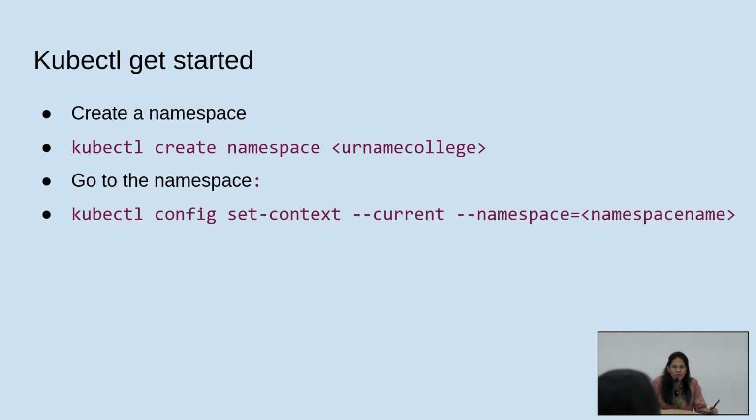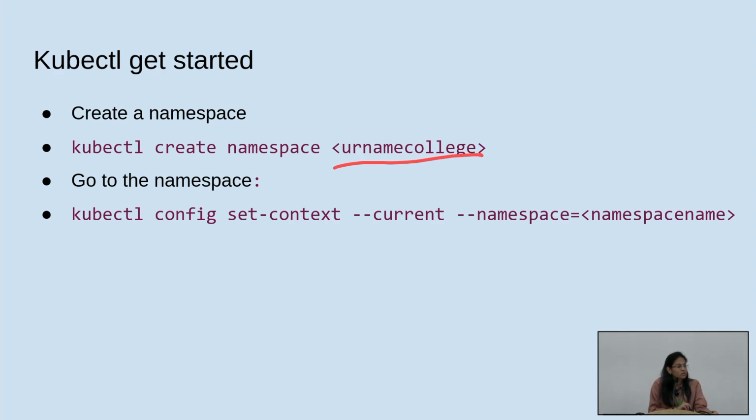You can use your name and college as the namespace name. Just to add to Priyanka's point, just replace that last entry and use whatever you want. You don't need the brackets. The brackets need to be replaced by something that you want to use. The rest can be easily copy pasted.